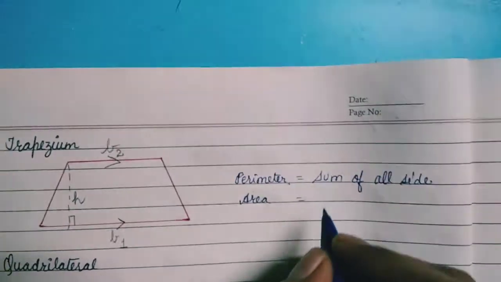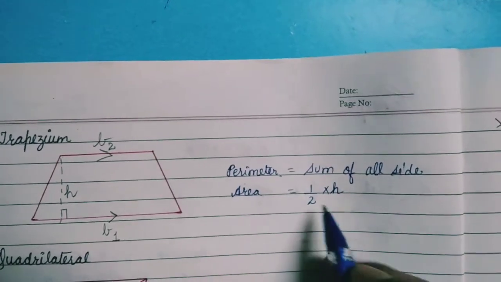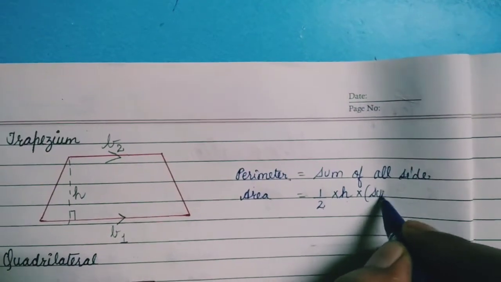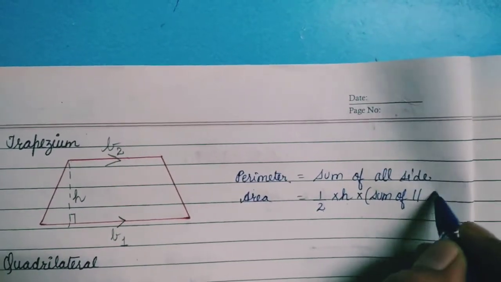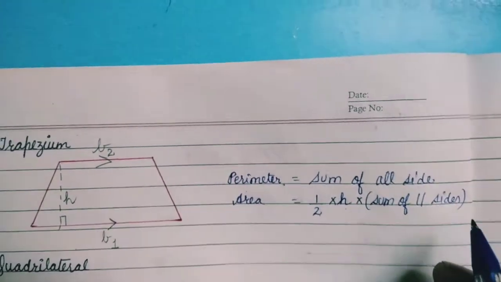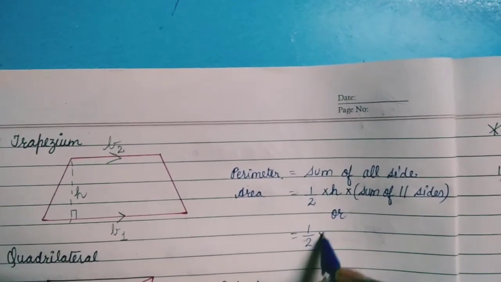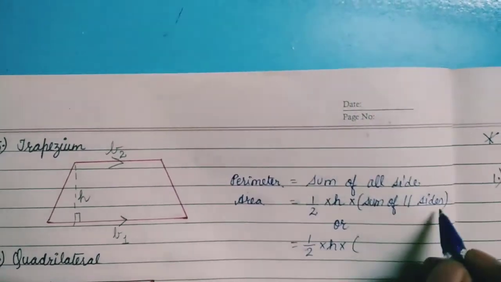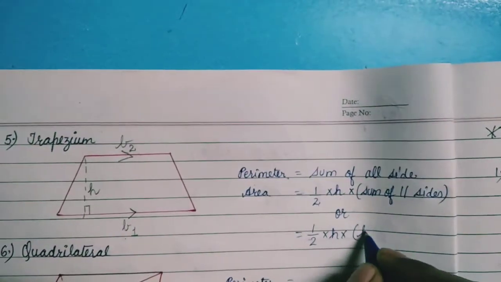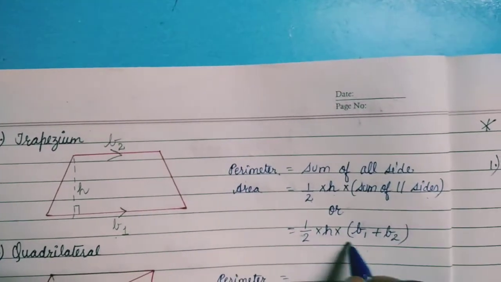So the area of a trapezium is half into height, multiplied by the sum of parallel sides. Which are parallel? B1 is parallel to B2. So B1 added with B2. We can write this formula in this way also.